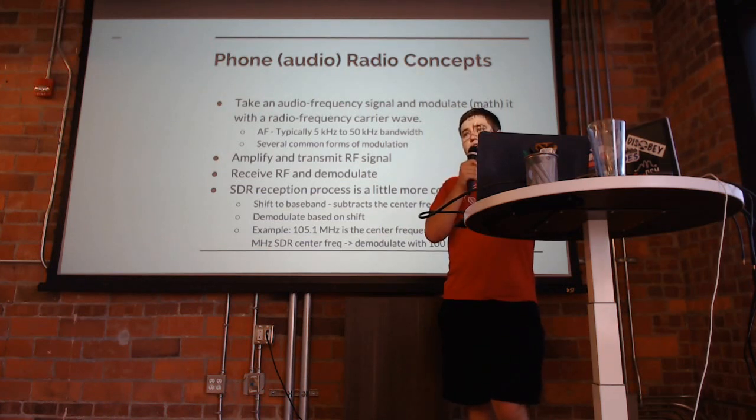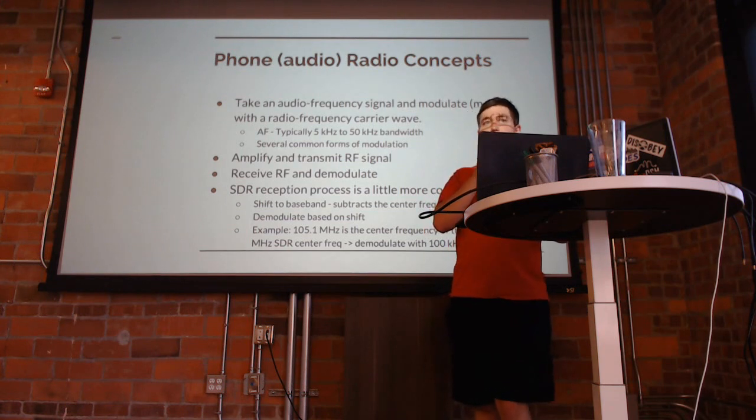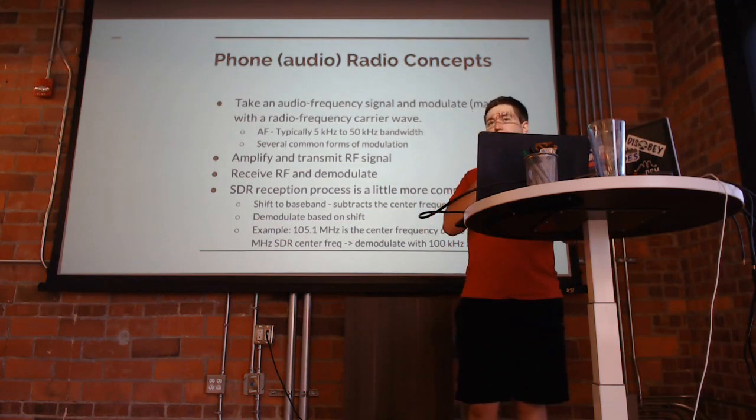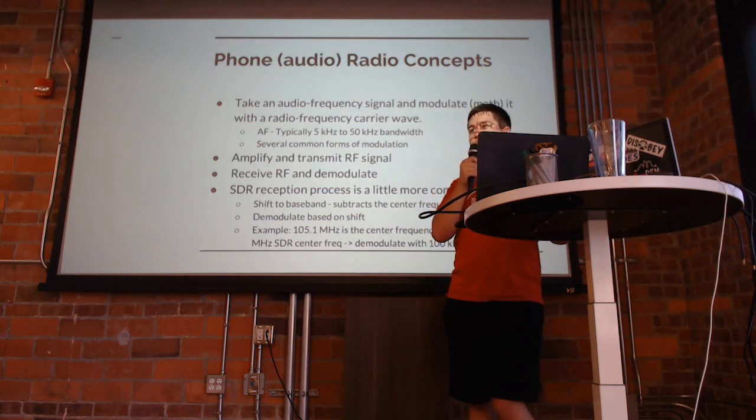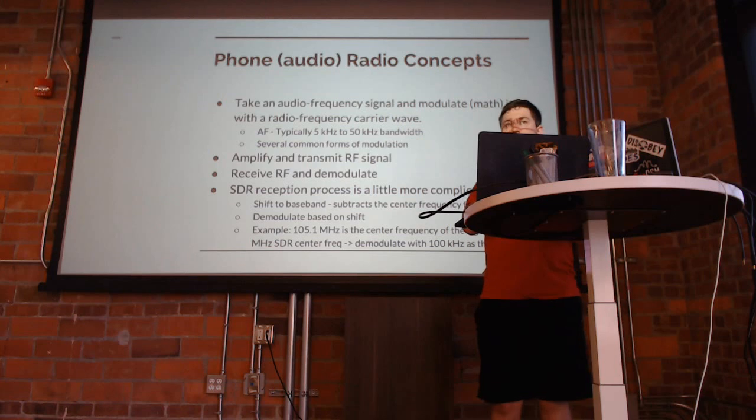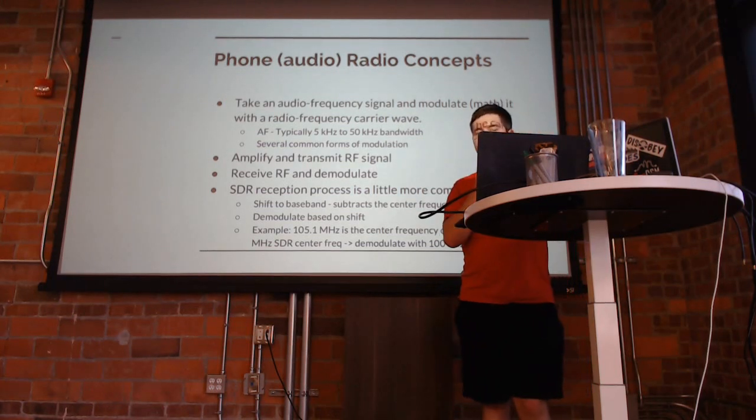Your bandwidth on audio is either 5 to 50 kilohertz, depending on how high fidelity you want, and there are a couple of different ways of doing that math. Then you've got this radio frequency signal, which you amplify and feed to an antenna, and it radiates throughout the universe, where some other antenna will pick it up and apply the same math in reverse.